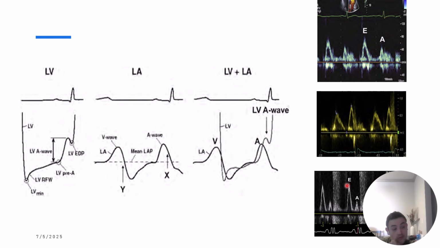Why? Because even though the pressure is so high, higher than the LV, the equalization is so rapid. And the A is going to be minuscule, small here. Why? Because the atrium cannot contract against a high pressure in the LV.